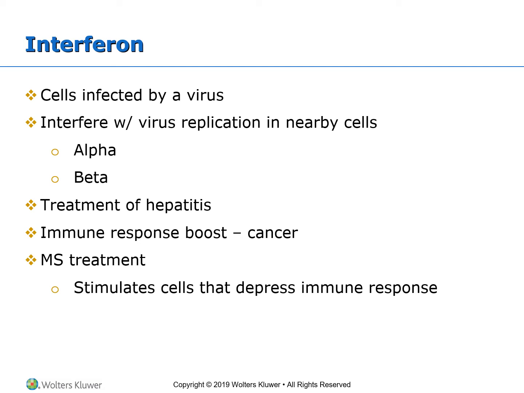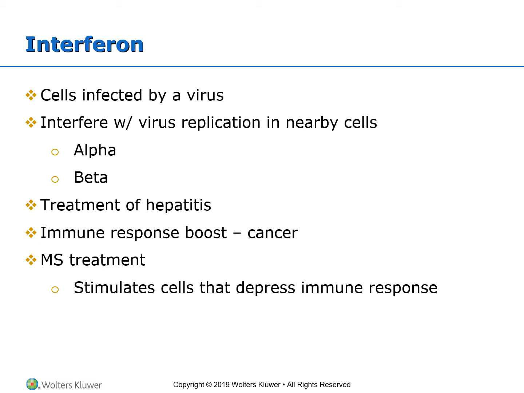We can now produce interferon by genetic engineering, and we can use it as a medical therapy. It's used in certain viral infections as a treatment, as for hepatitis. Also, it has a nonspecific action on cells by boosting the immune system.